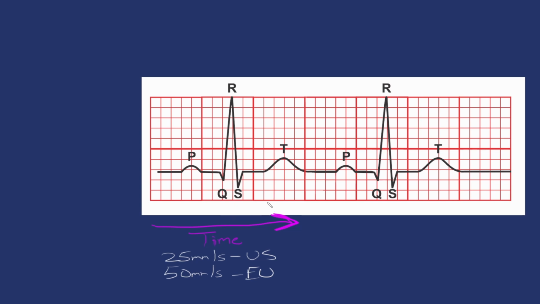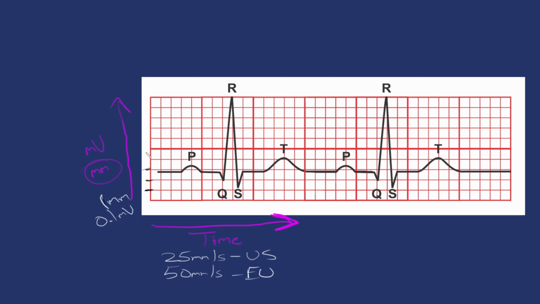Okay. Now, the other axis that we have up here, going up and down, is where the EKG gets confusing and it has a misnomer. They say millivolts, but really we want to refer to it as millimeters. So our up and down here, to start breaking this down, each one of these boxes here, the small box, is going to be 1 millimeter, or 0.1 millivolts.